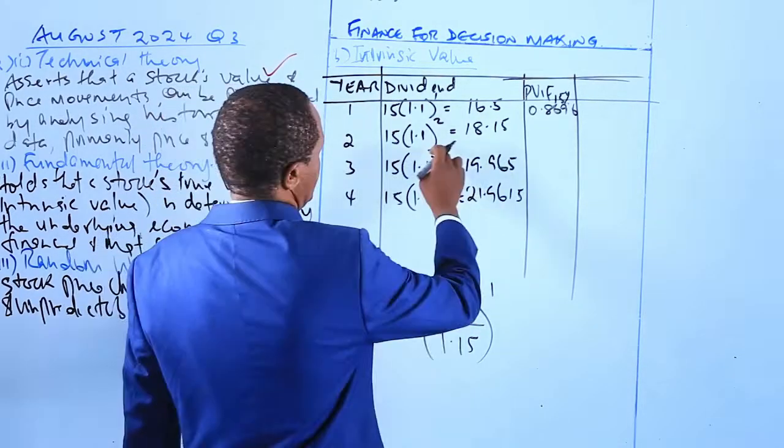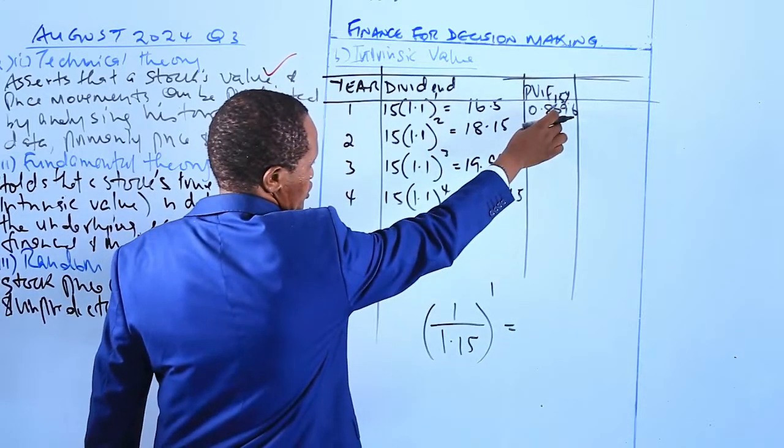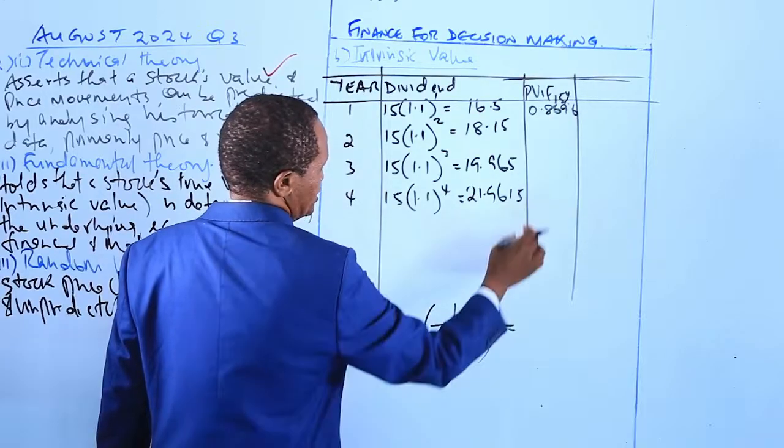Then for year 2, if you are not using the table, this is how to determine the present value interest factor.